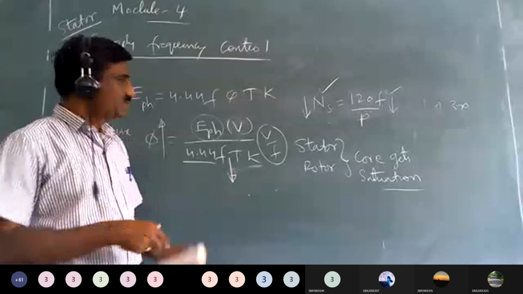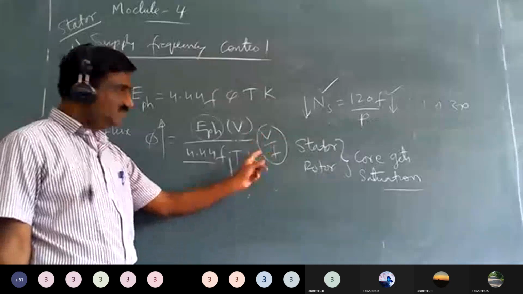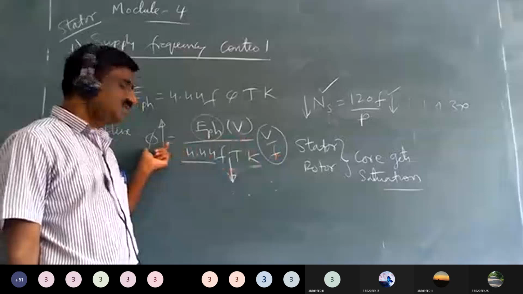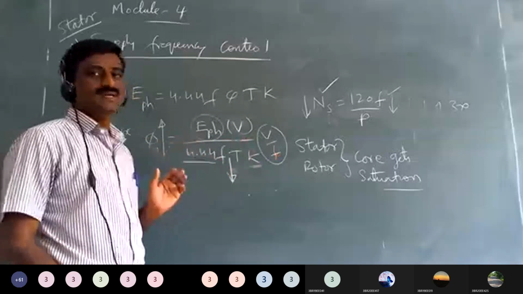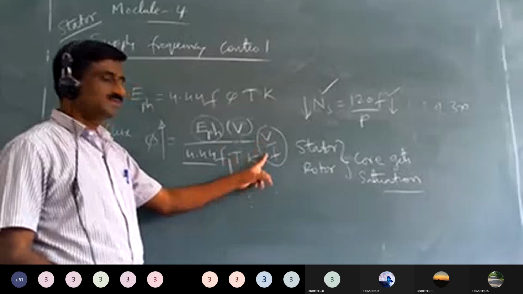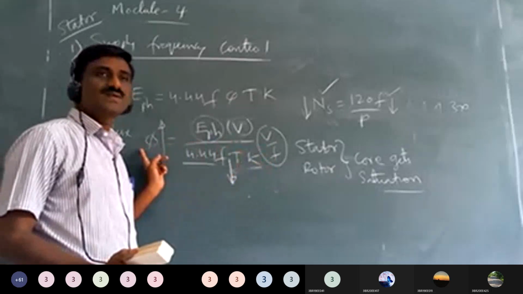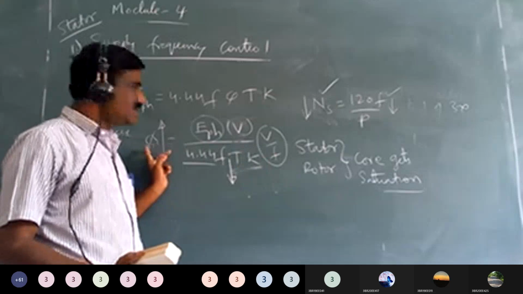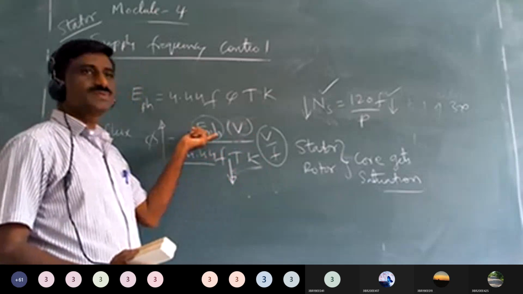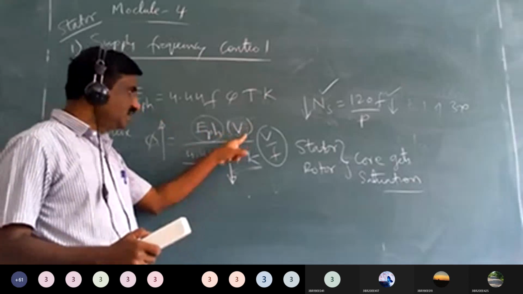Are you getting my point? At the same time, we are decreasing both. This ratio is maintained constant such that the flux will not get disturbed. In order to maintain constant flux, we have to vary both. Whenever you decrease the frequency, you have to decrease the voltage also. Whatever increase in flux occurs is compensated by decreasing the voltage.